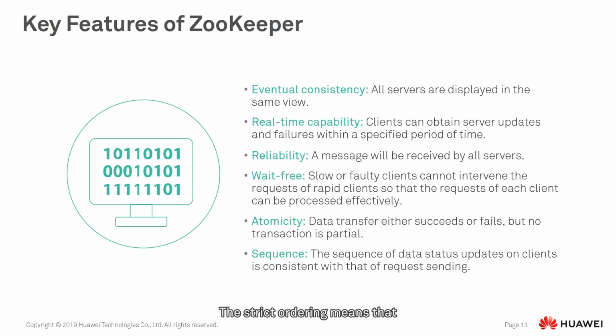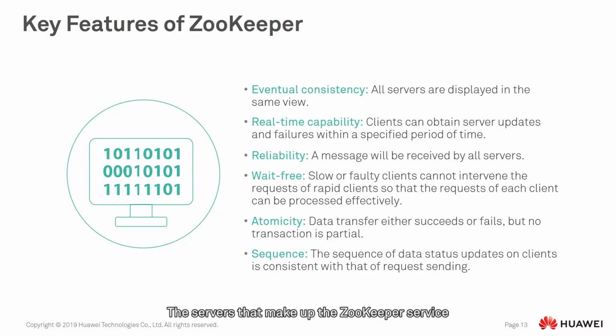The strict ordering means that sophisticated synchronization primitives can be implemented at the client, and it is replicated, like the distributed processes it coordinates. ZooKeeper itself is intended to be replicated over a set of hosts called an ensemble.